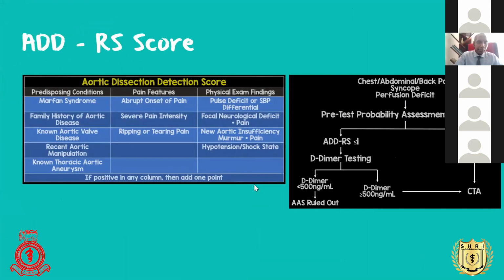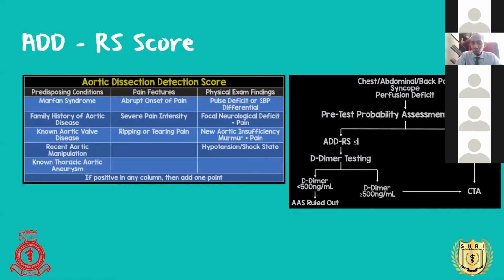And there is also a risk score for aortic dissection. As you can see, it includes the predisposing factors I mentioned, the pain features I mentioned, and the physical exam findings I mentioned. Based on that score, each and every component of this table carries a mark. Depending on that, we can see whether the patient is in the low risk category, in which case we can do a D-dimer test to rule it out.